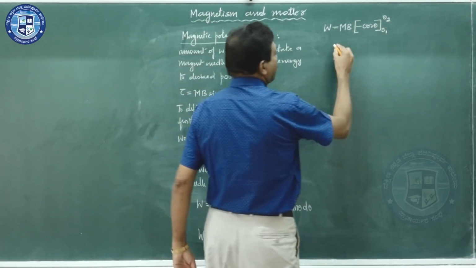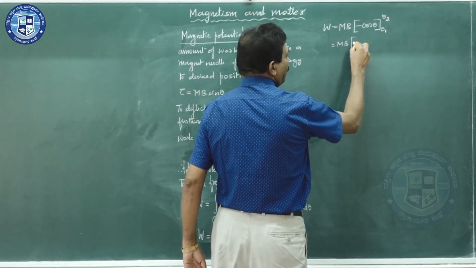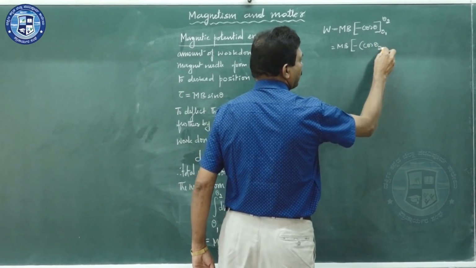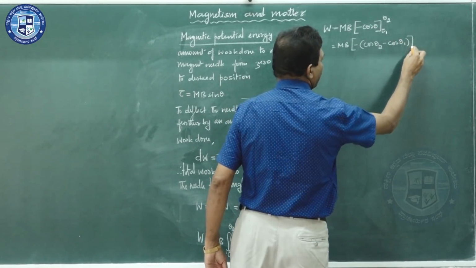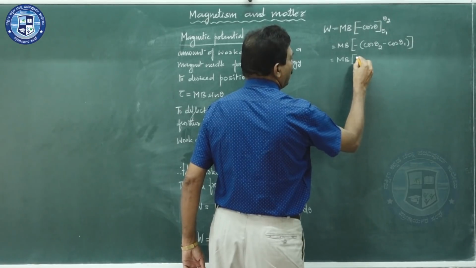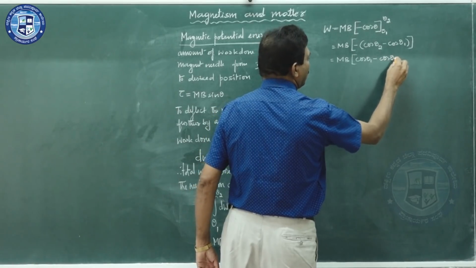Now it is mB times minus cos theta 2 minus cos theta 1. So it will be mB (cos theta 1 minus cos theta 2).